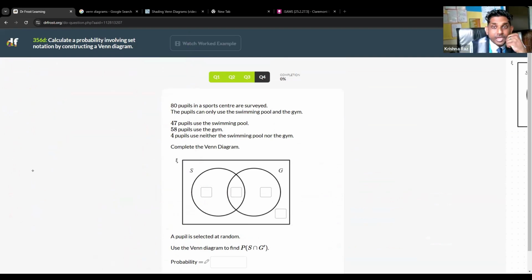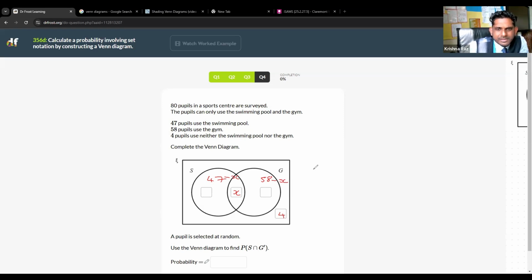So welcome back. 47 used the swimming pool. 58 used the gym. And 4 used neither. So now we use our friend algebra. So that is x. So this must be 47 minus x, 58 minus x.